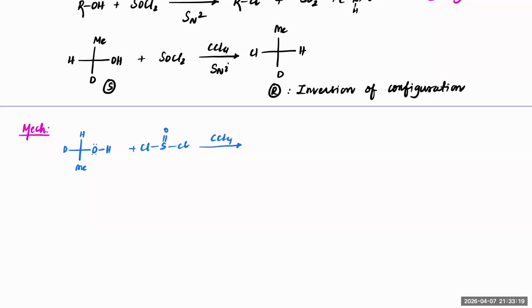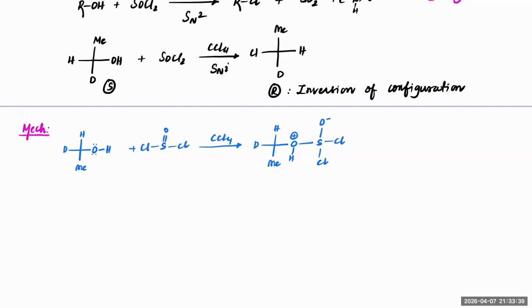The first thing that will happen is the oxygen will attack on sulfur, making it S with an O minus, Cl and Cl group with a plus charge here. H, D, and methyl will be present.